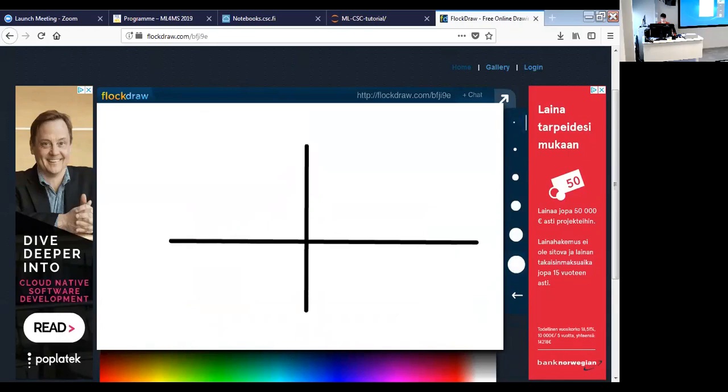The hyperbolic tangent will go something like this. It's symmetric, but it's capped between +1 and -1. The ReLU, which I'm going to make red, is 0 when the argument that comes in is negative, and then it's linear when the argument that goes in is positive.